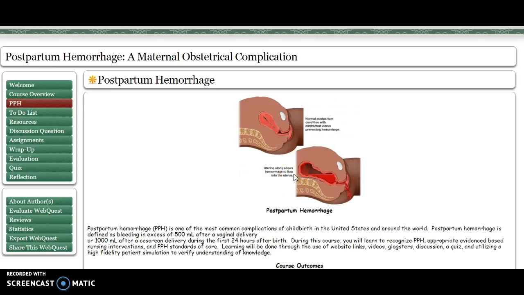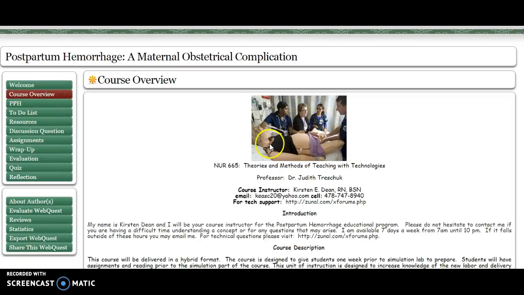Okay, this is a very nice graphic of a simulation. And this helps prepare the students to engage in the class, knowing what they'll be participating in.